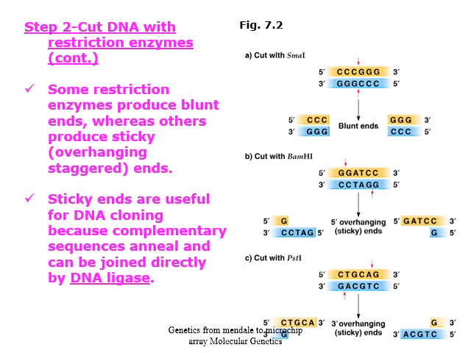Cut the DNA with restriction enzyme. Some restriction enzymes produce blunt ends, whereas others produce overhanging or sticky ends. Sticky ends are useful for DNA cloning.